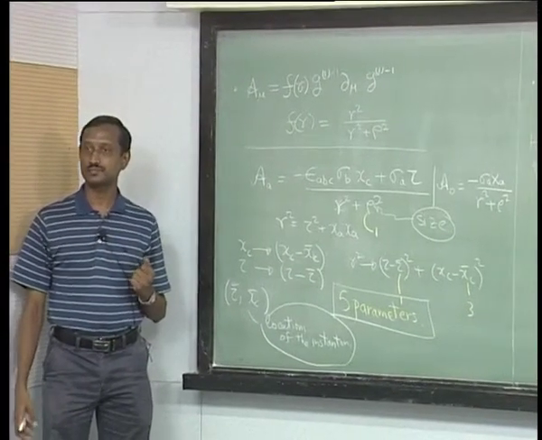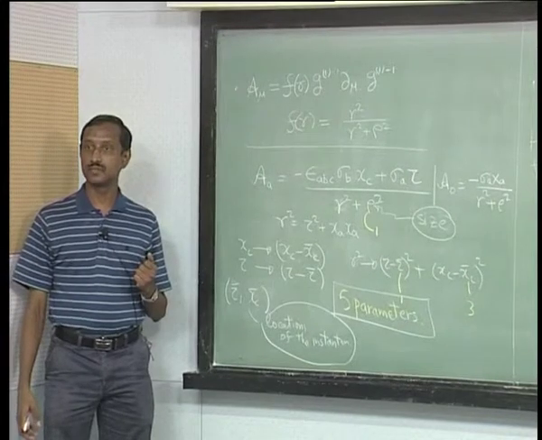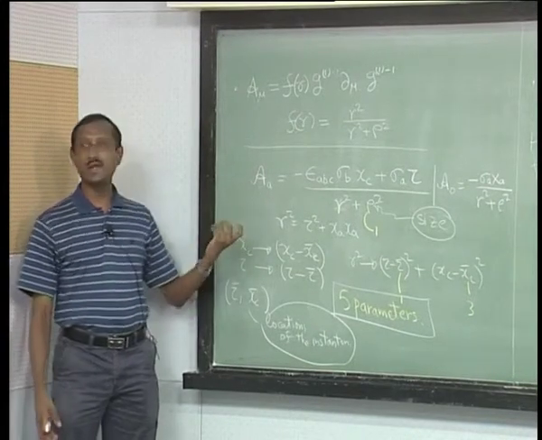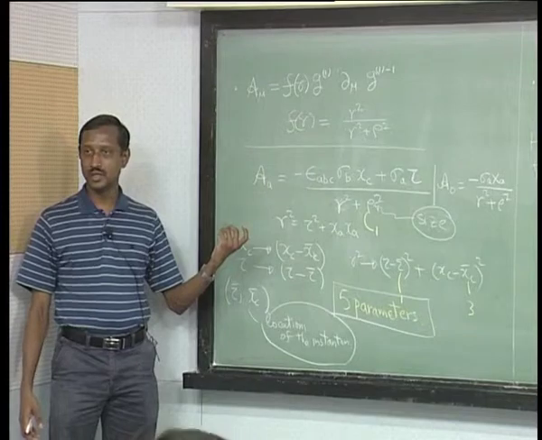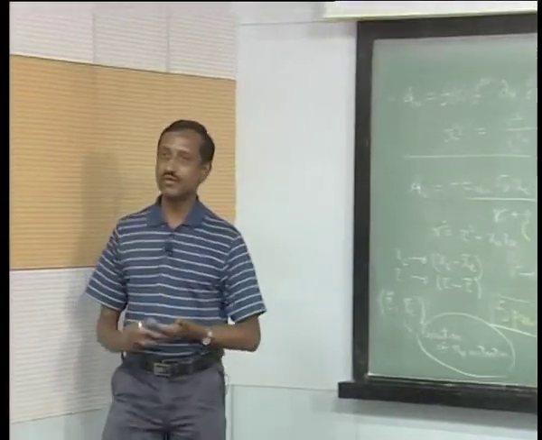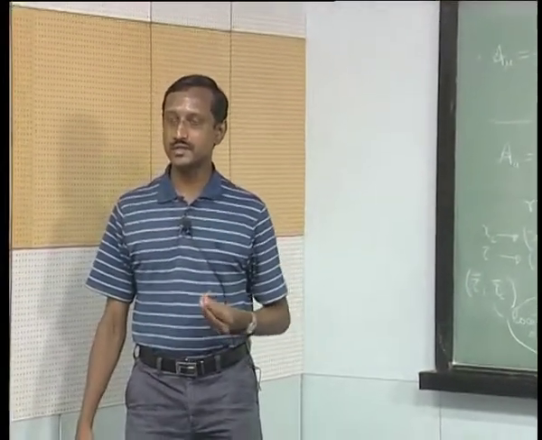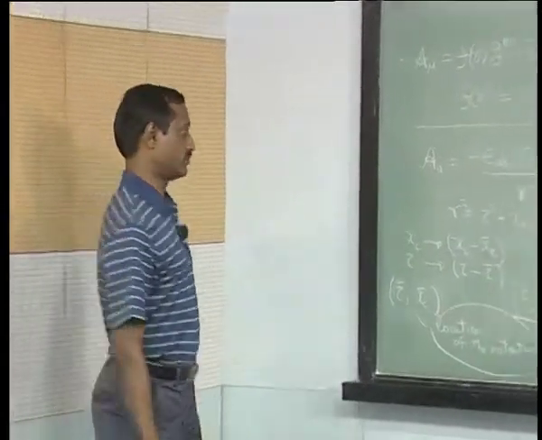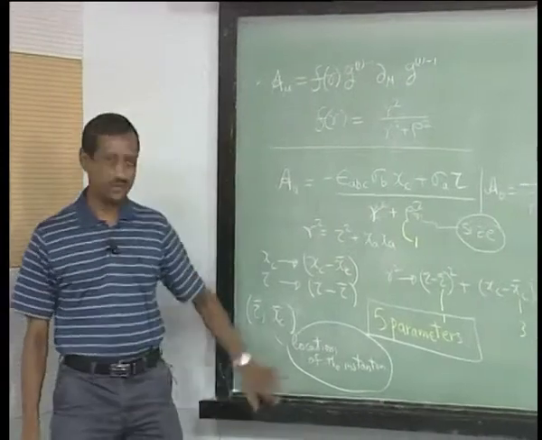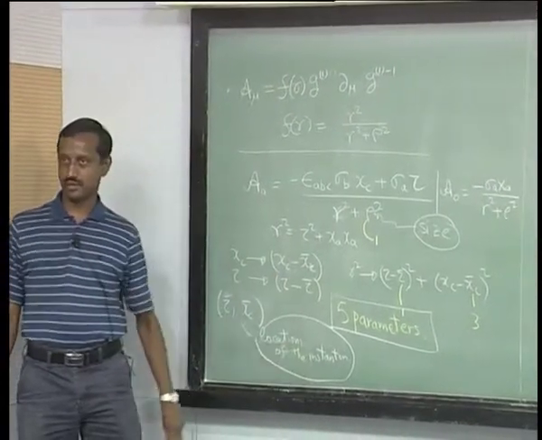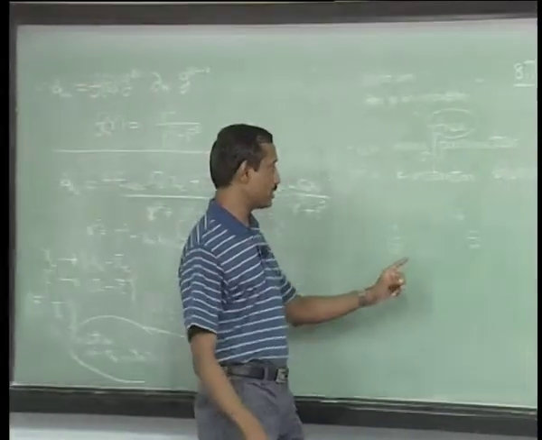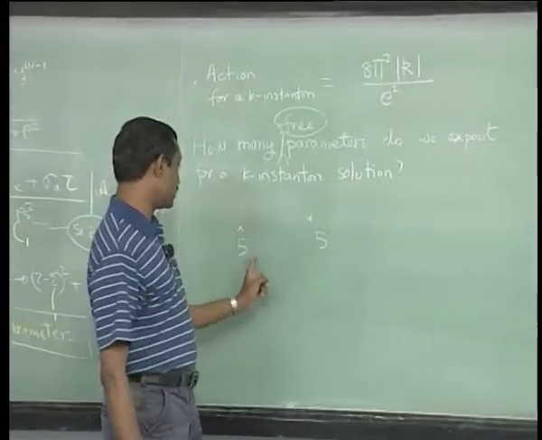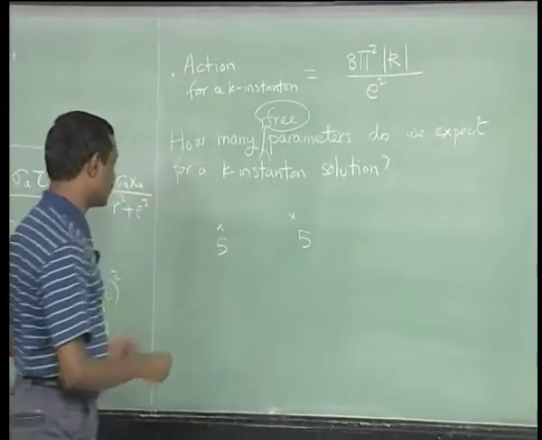Will there be parameters corresponding to boosts? This is Euclidean, so you would talk of SO4 rotations. SO4 rotations are not really broken, it is a gauge transformation. So there are no more parameters out here.